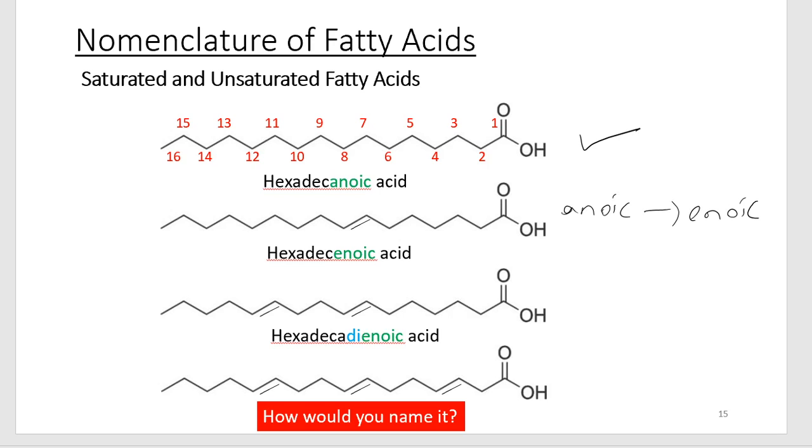So if we have 2 double bonds, we still keep the enoic and we add di here. So based on the number of double bonds, the terms go like di, tri, tetra, and so on. Also maybe penta. So it goes like that.